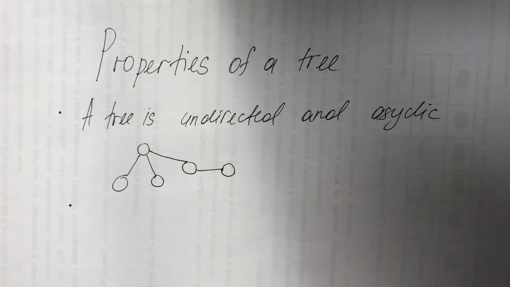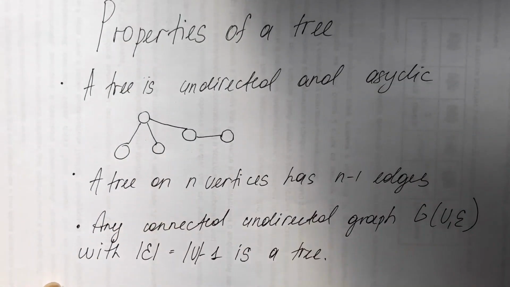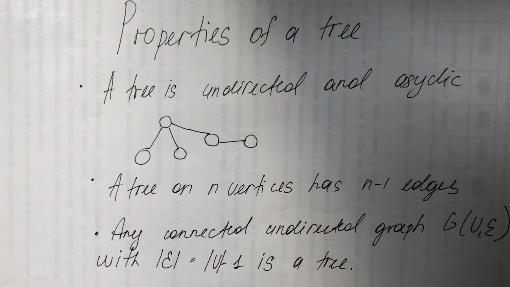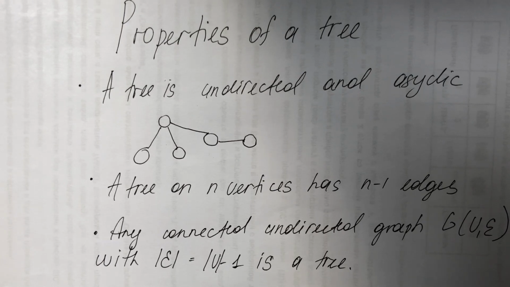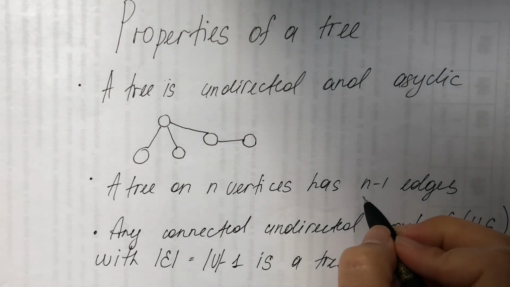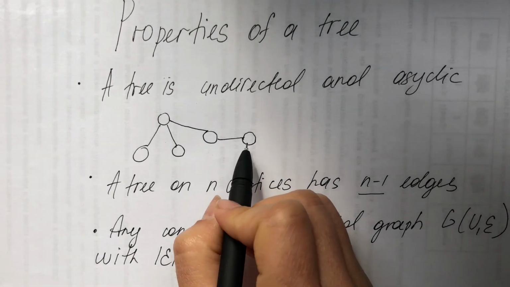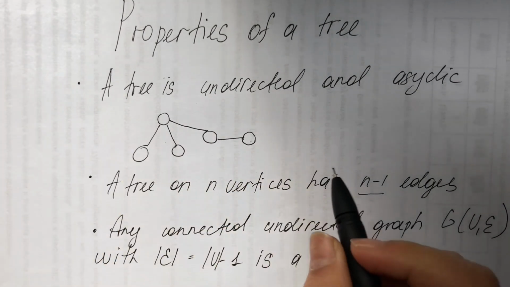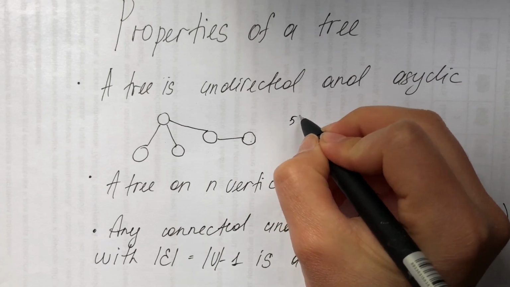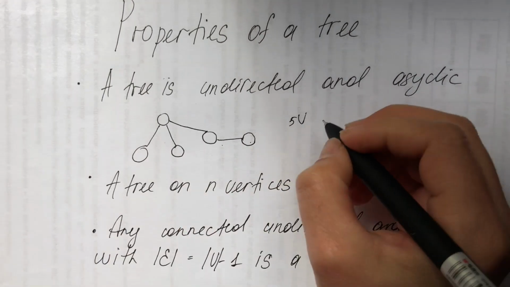The next property of a tree is that a tree on n vertices has exactly n minus 1 edges. So here, for example, we have 1, 2, 3, 4, 5 vertices and 1, 2, 3, 4 edges.